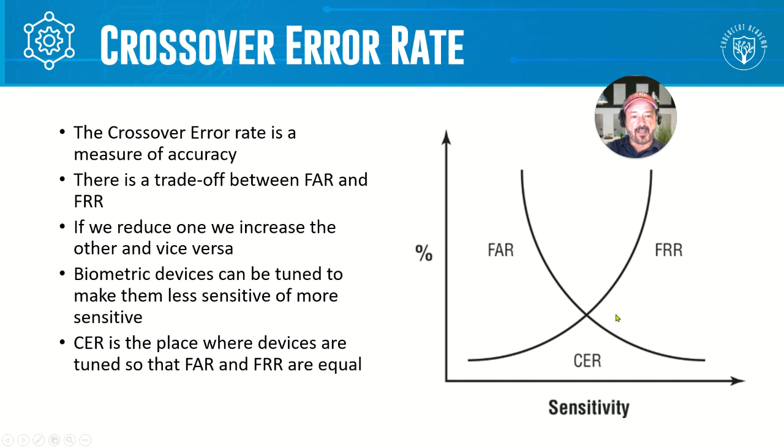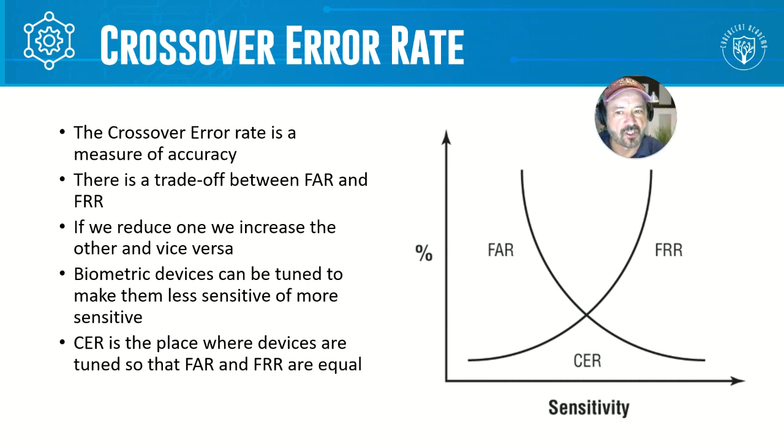And there is a setting related to sensitivity known as the crossover error rate. Imagine you're adjusting, it's actually referred to in biometrics as tuning, right? You have a big button on the side, and you turn it this way, and that makes it more sensitive. And you turn it this way, it makes it less sensitive.